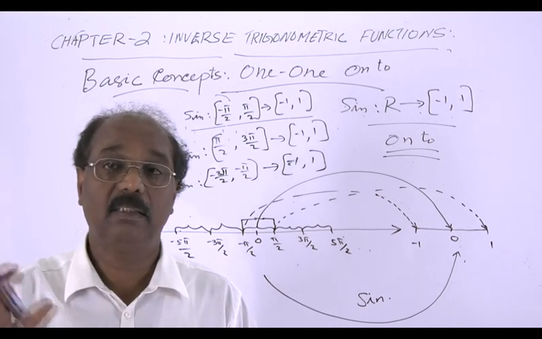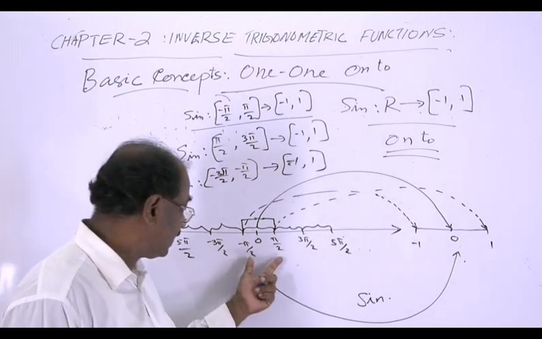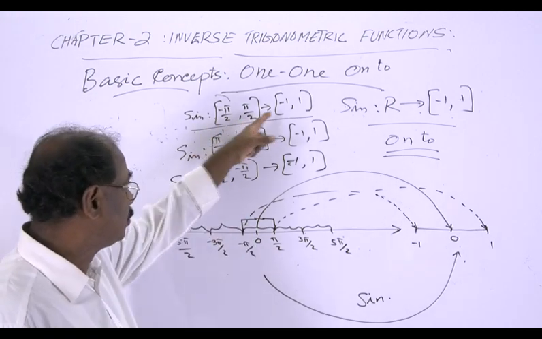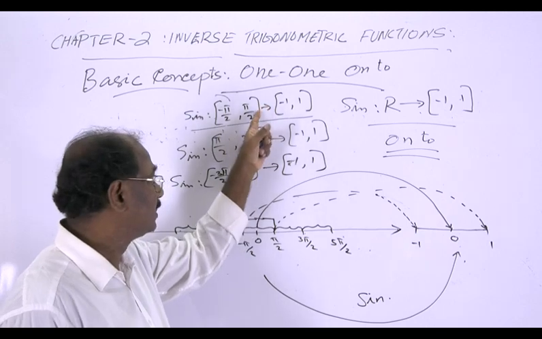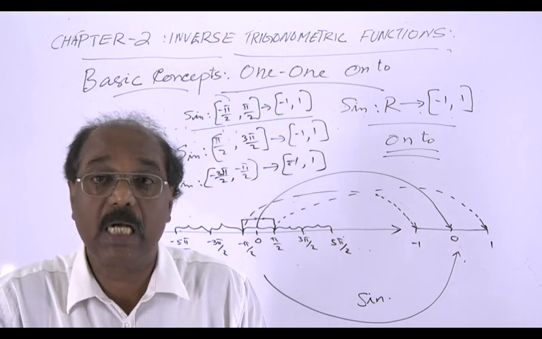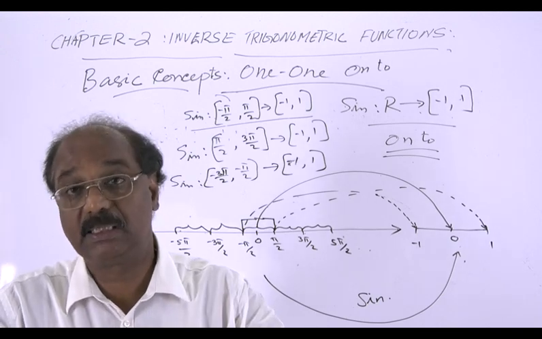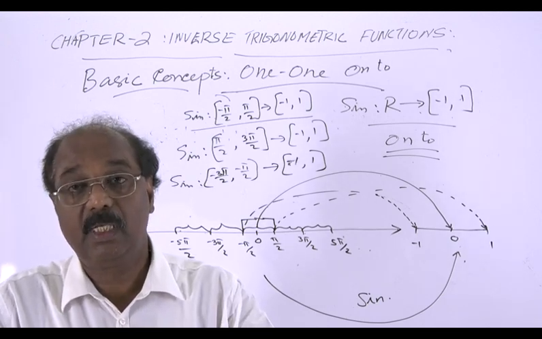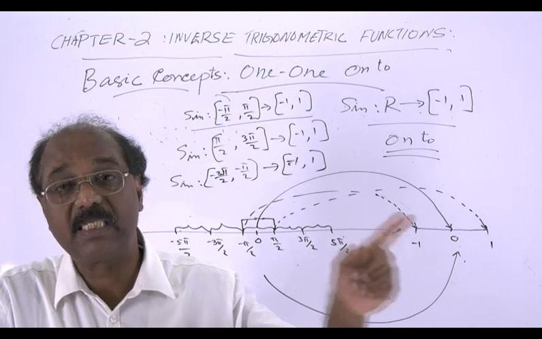And the sine function in this interval [-π/2, π/2] to [-1, 1] is called the principal value branch, the principal branch. The values of the sine function here are called the principal values.